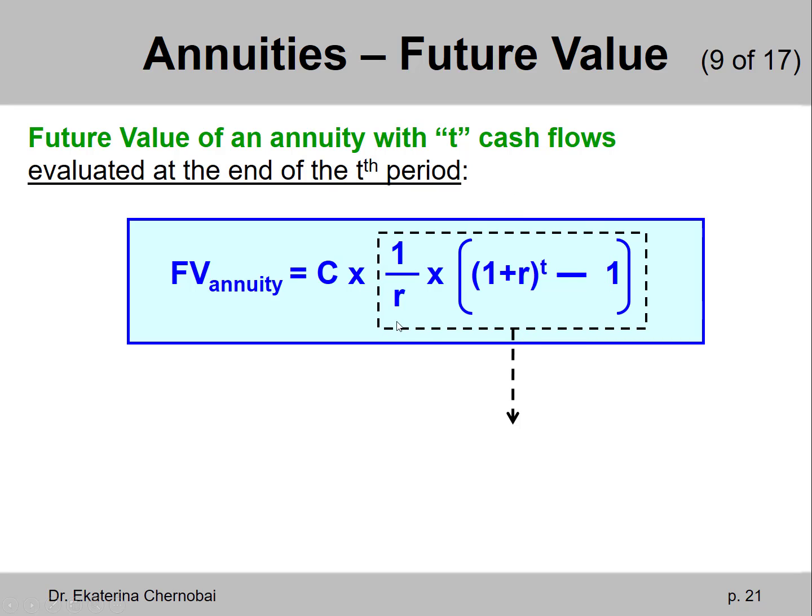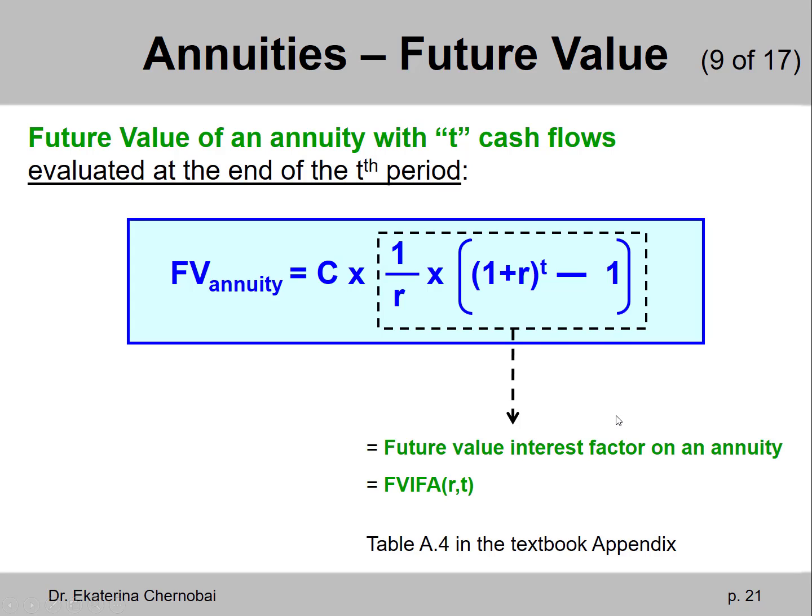And this something else, this complicated term with fractions, powers, and parentheses, is known as the future value interest factor on an annuity, or FVIFA, for some interest rate R and number of cash flows T. And again, there is a table at the end of the textbook, Appendix 4, which gives you the value for this whole future value interest factor on an annuity for different combinations of interest rate R and number of cash flows T. But I'm not using it in class because financial calculators are a lot easier, faster, and more flexible.